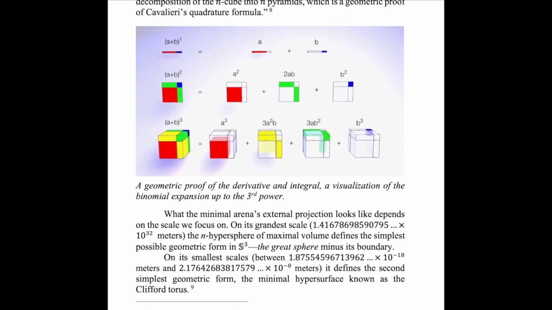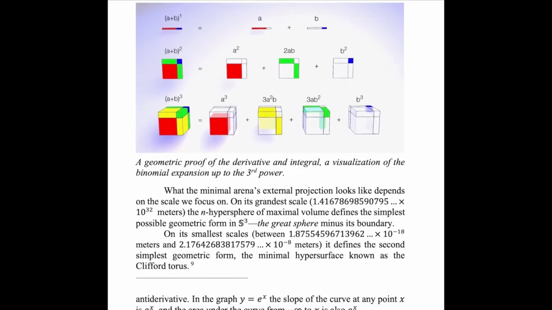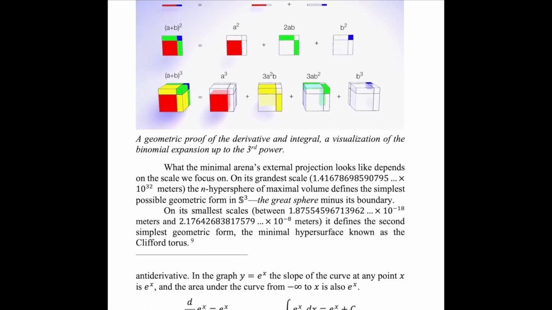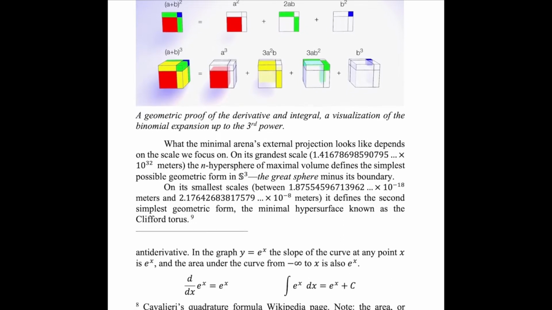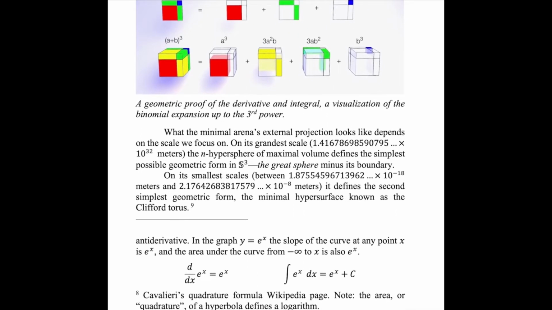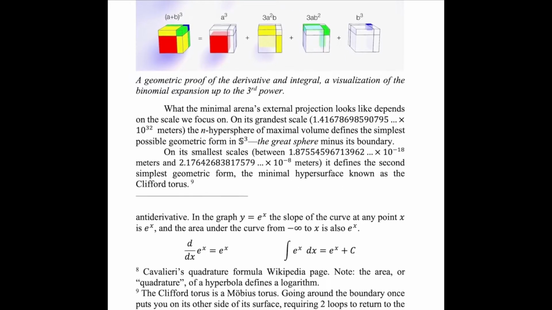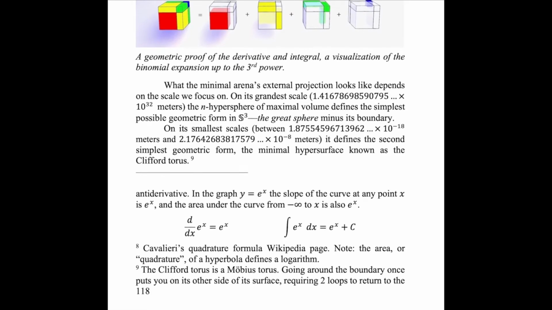What the minimal arena's external projection looks like depends on the scale we focus on. On its grandest scale, which is very specifically 1.416786985900795 times 10 to the 32 meters, the n-hypersphere of maximal volume defines the simplest possible geometric form in S3, the great sphere, minus its boundary.